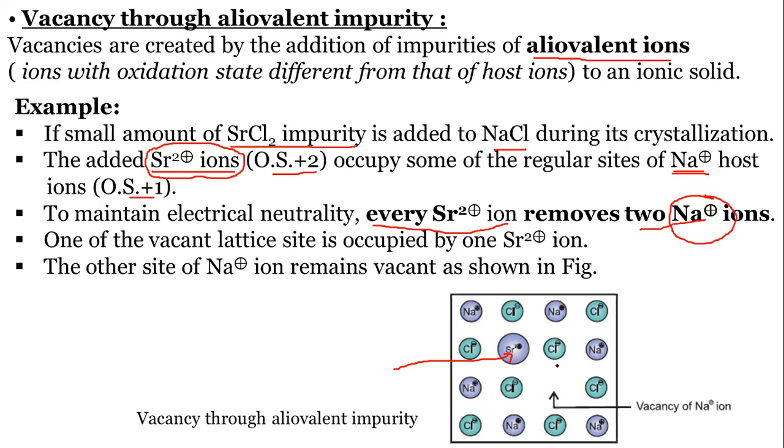We can check here: one Na+ ion is removed from here, and another Na+ ion is removed from here, and one of the vacant lattice sites is occupied by the Sr2+ ion. But the other site of Na+ remains vacant. Such an example is called vacancy through the aliovalent impurity. Here Sr2+ is the aliovalent impurity.